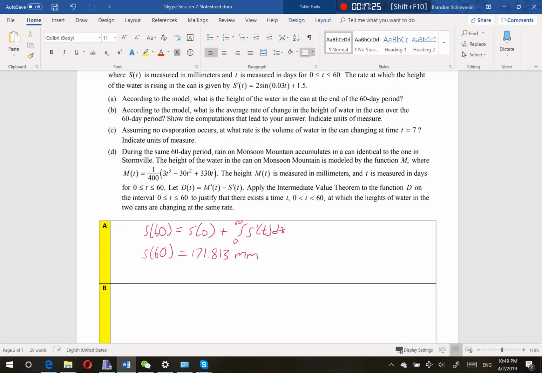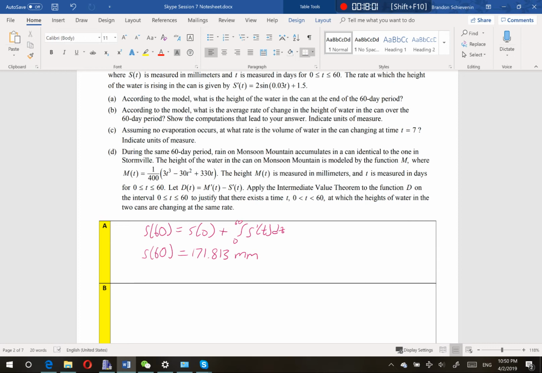For part B, we're looking for the average rate of change in the height of water in the can over the 60-day period. So if I want average rate of change, what should our formula for the average rate of change of the height be? S prime. Okay, I'm going to make an estimate for s prime, but we're not looking for the derivative, I'm looking for the average rate of change.